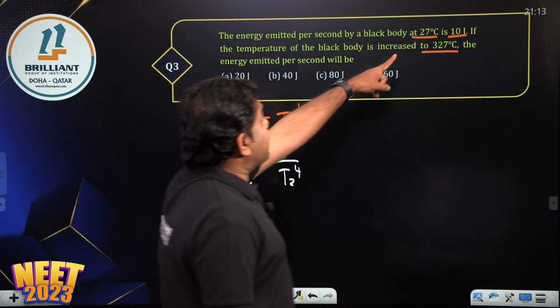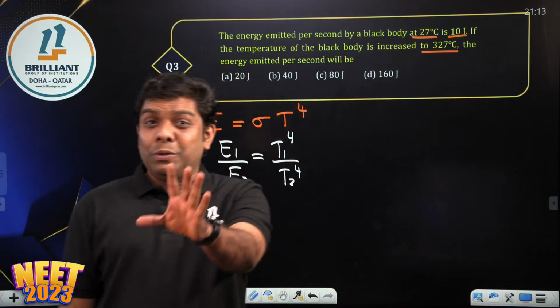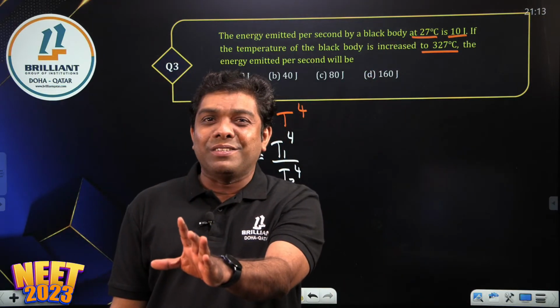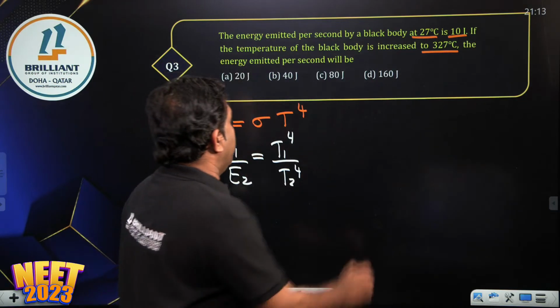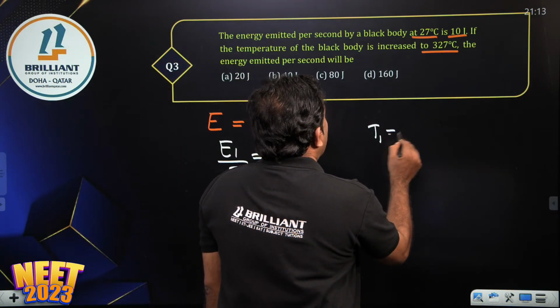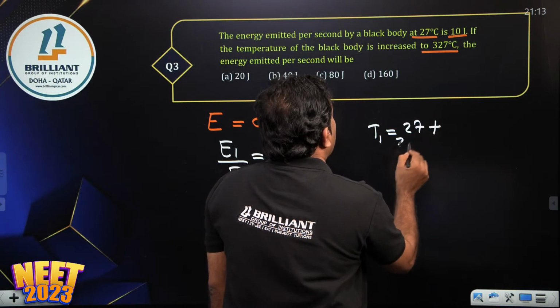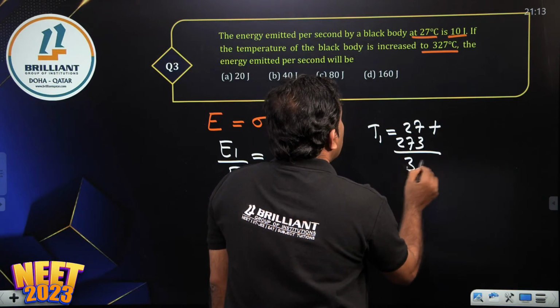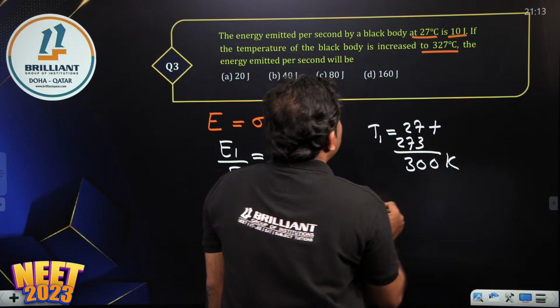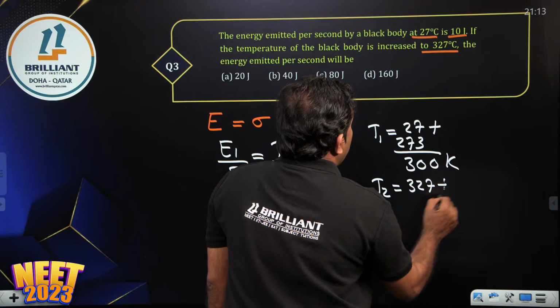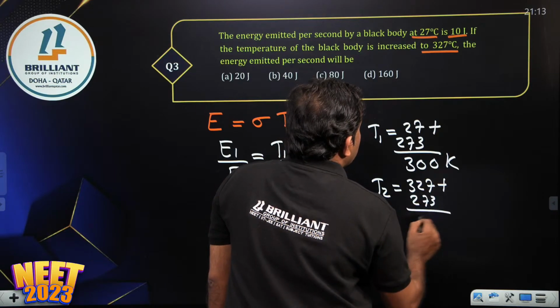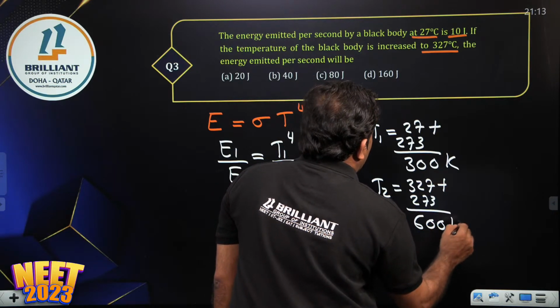Here, in the first case the temperature is 27. When we are applying Stefan's law, convert Celsius into Kelvin. So I am converting T1 into Kelvin, 27 plus 273, that is 300 Kelvin, and T2, that is 327 plus 273, equal to 600 Kelvin.